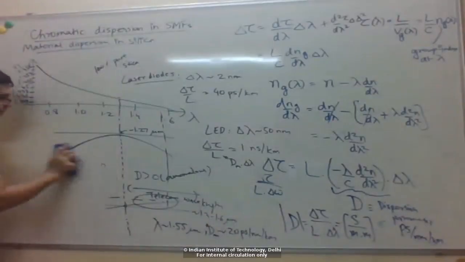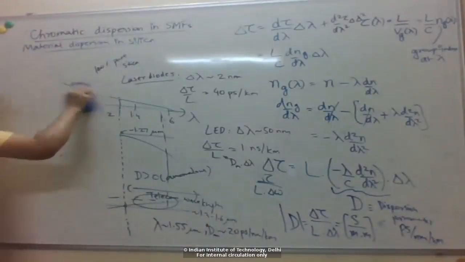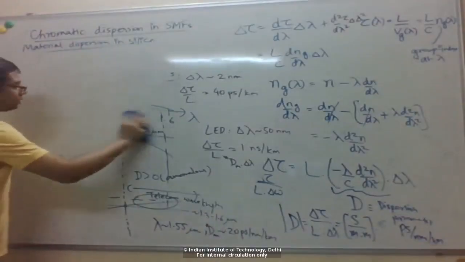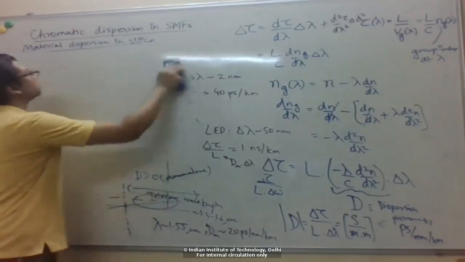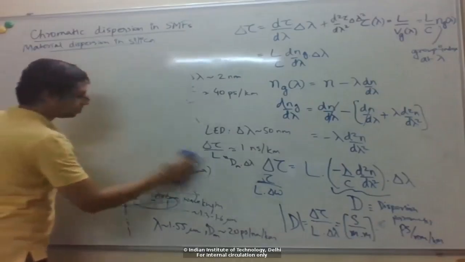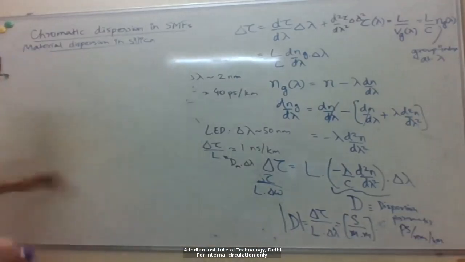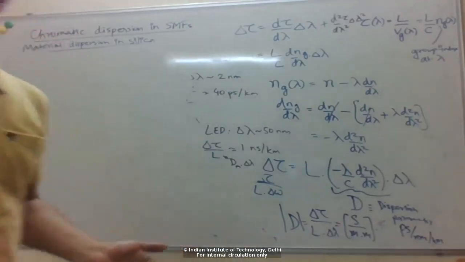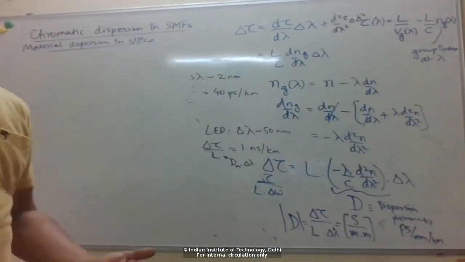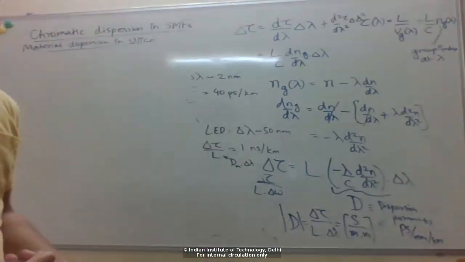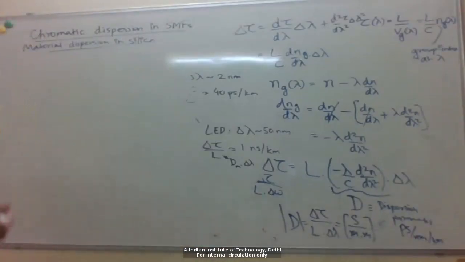What you can do is, since the chirping, as we saw, could either be positive or negative, if you start out with an already chirped pulse, then you can try to eliminate the chirping by adding the chirp of the opposite sign.